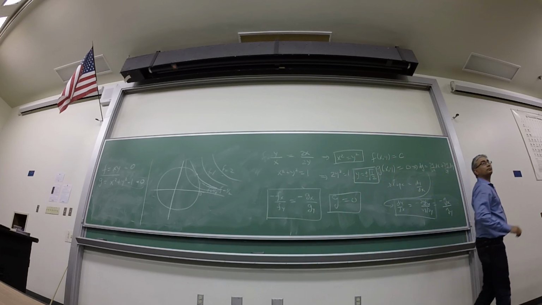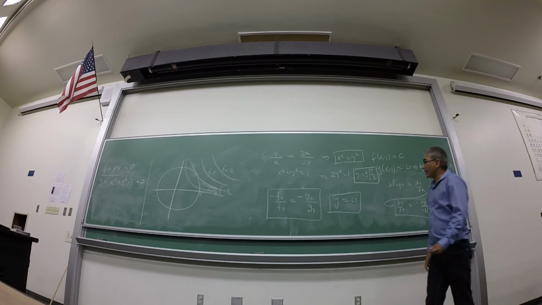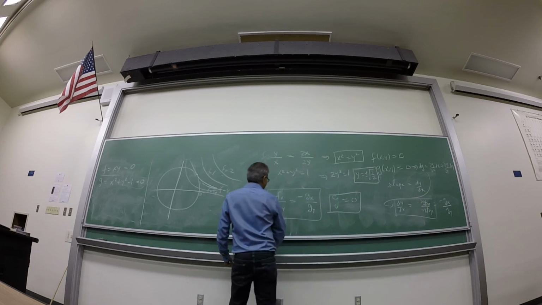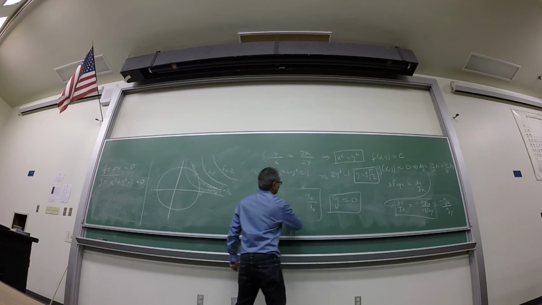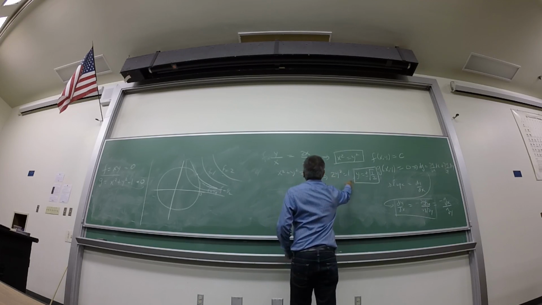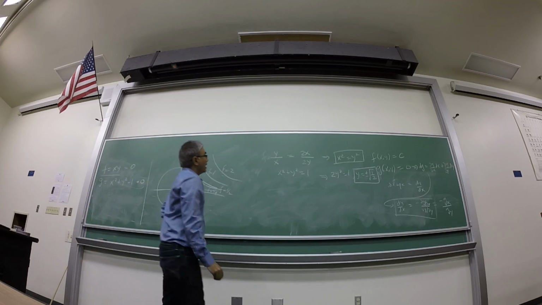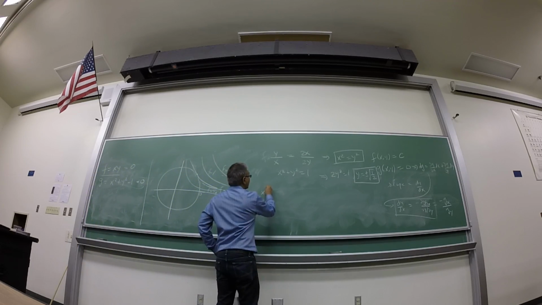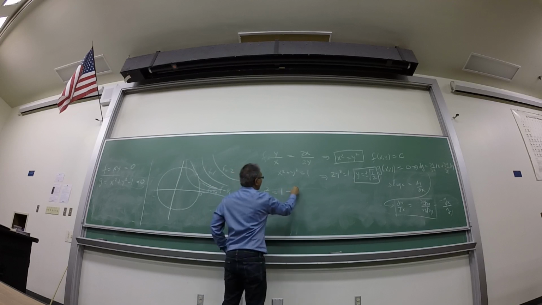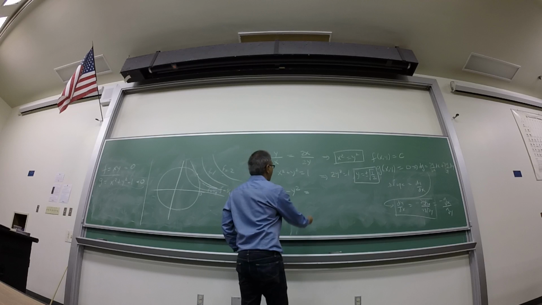Right? Now of course you also want to figure out what x is. So you plug this y back into this equation to figure out x. And therefore you get x squared equals to 1 minus y squared equals to 1 minus 1/2.